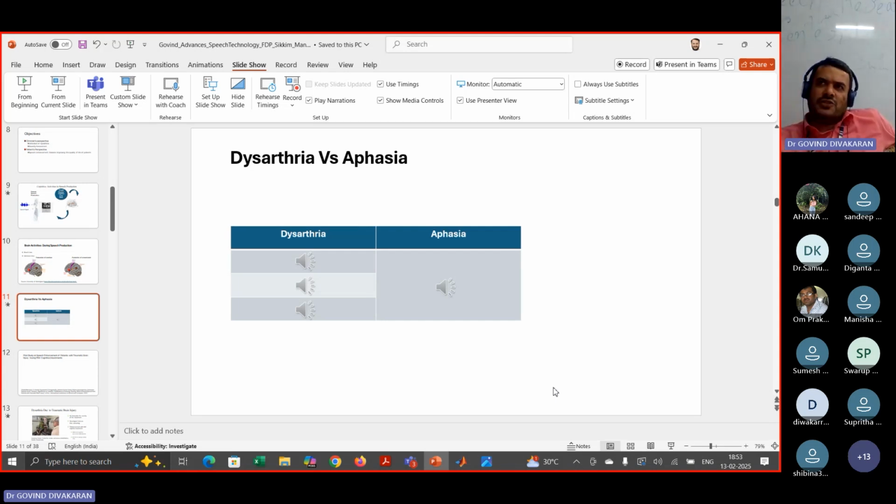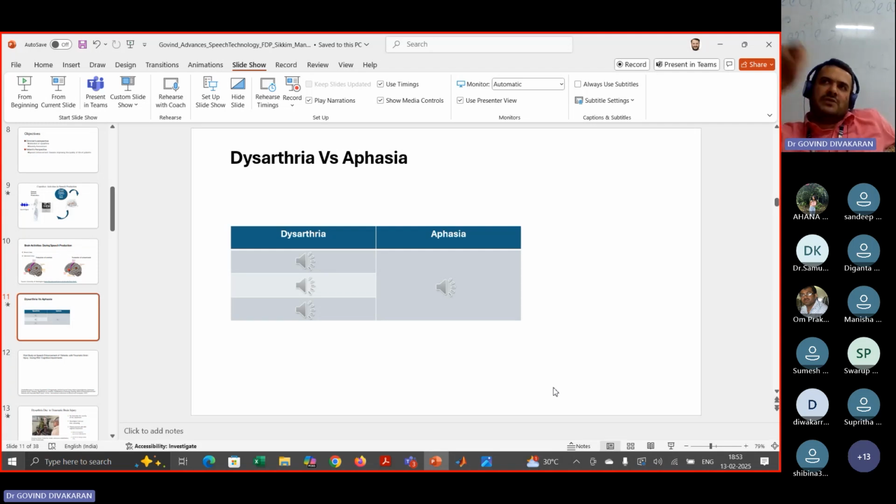Similarly, for stroke, the clinicians do some assessment to check the impact of stroke. It is called the NIHSS score, the NIH stroke scale. On that scale they put some number.